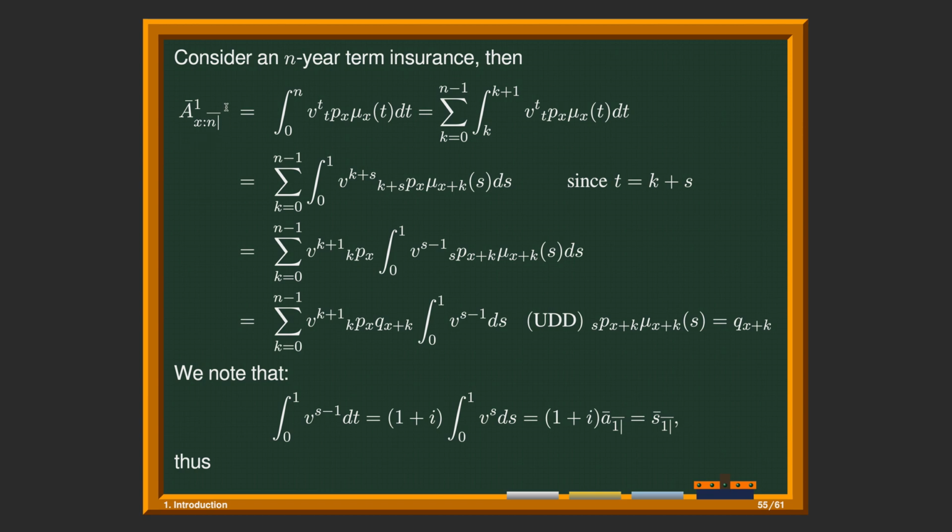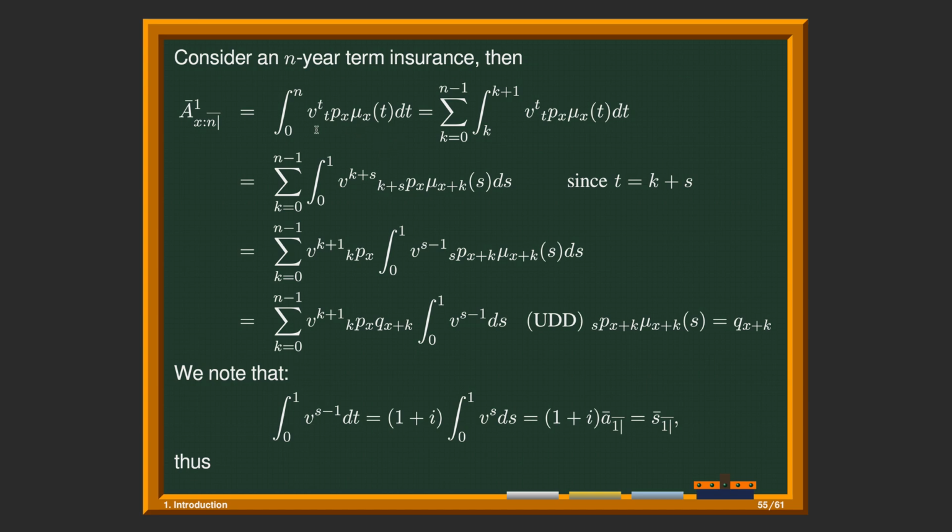This is the net single premium of an n-year term insurance payable at the moment of death with a benefit of 1 unit issued to a person aged x, right? So we know that in formula, as an integral, it's equal to this. It's the integral of v to the t, tpx, mu sub x of t dt from 0 to n.